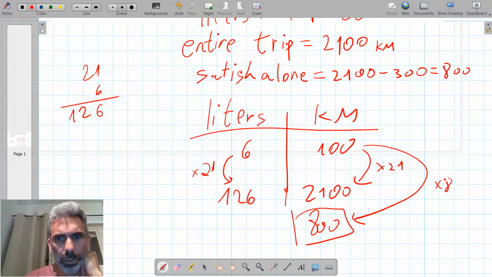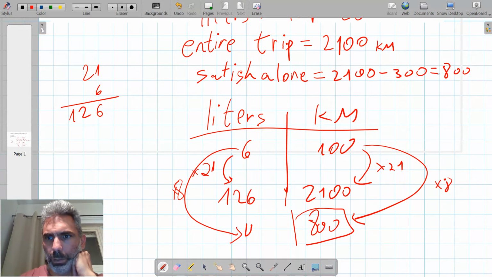So this is the number of kilometers that Satish needs to pay for. So 6 times 18.